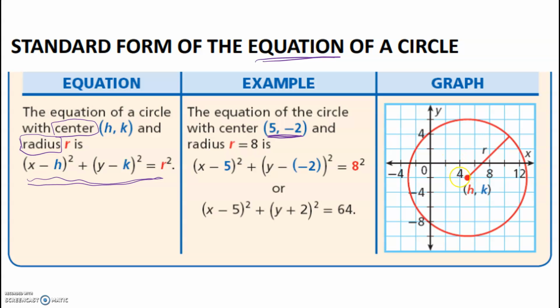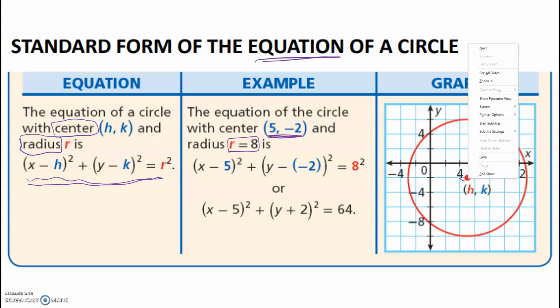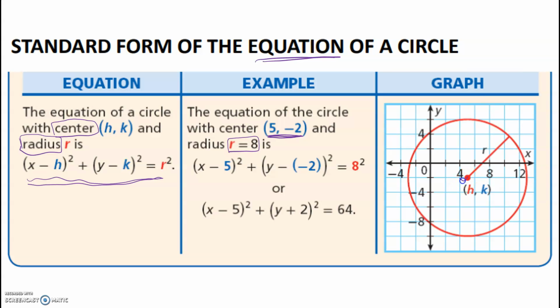So 1, 2, 3, 4, 5, 6, 7, 8. So we have a radius of 8. You're just counting from here. It is 1, 2, 3, 4, 5, 6, 7, 8.